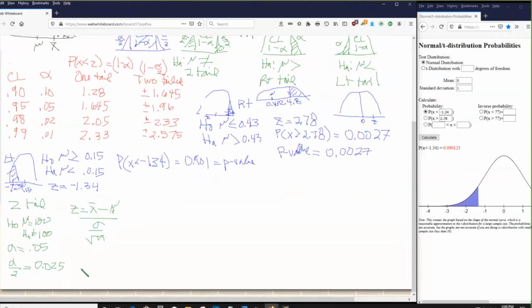And let's say they give us a standard deviation of 15, a sample size of 30.